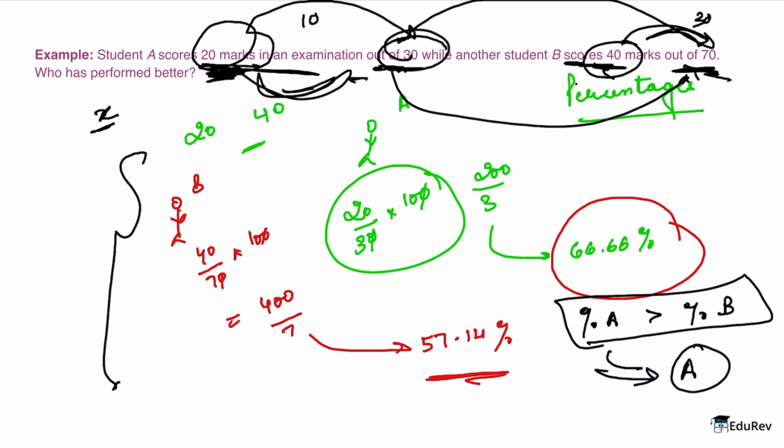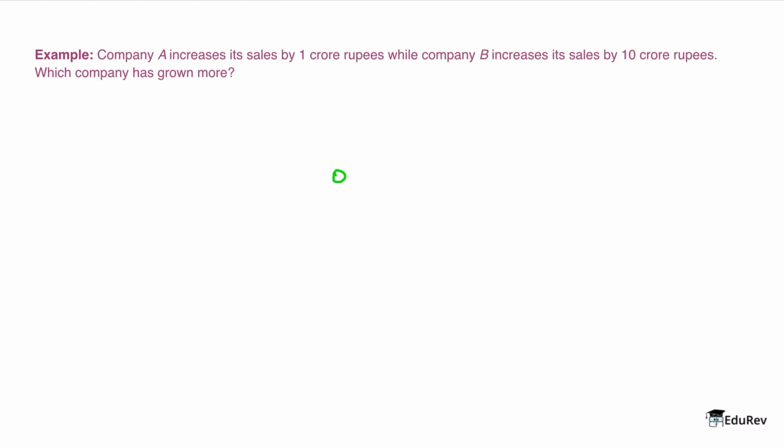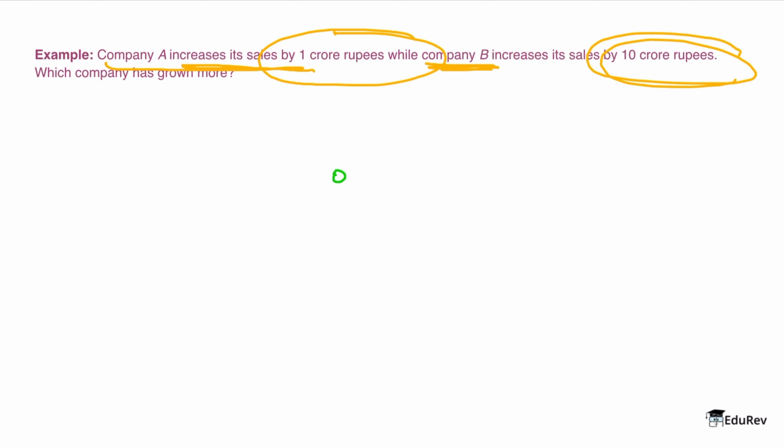So on that basis, let me understand one more question here. What does it say? It says that company A increases its sales by 1 crore rupees while company B increases its sales by 10 crore rupees. Which company has grown more? Now, just think about it. Just pause the video and think about it. Can you, from the given data, interpret which company has grown more or which company has actually performed better?